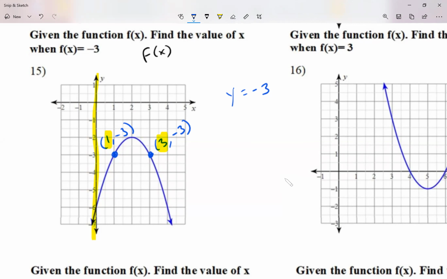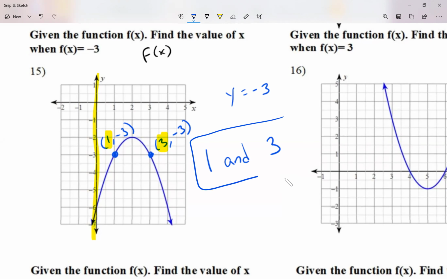And we're going to write on our answer 1 and 3. So this is what I'm expecting. So looking at our graph, what are the values that have the y value -3? Now, what are the x values on that? In this case, 1 and 3.